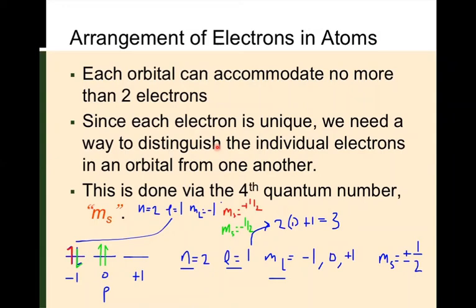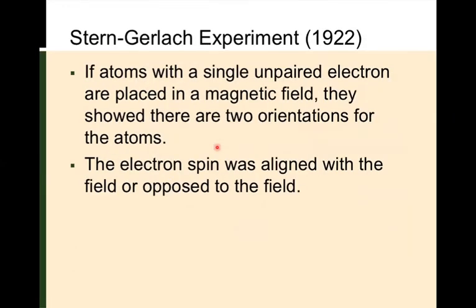We'll talk more about orbital filling in chapter 7. This idea of electron spin was confirmed using the Stern-Gerlach experiment, and this was done before all of this theory was finalized.